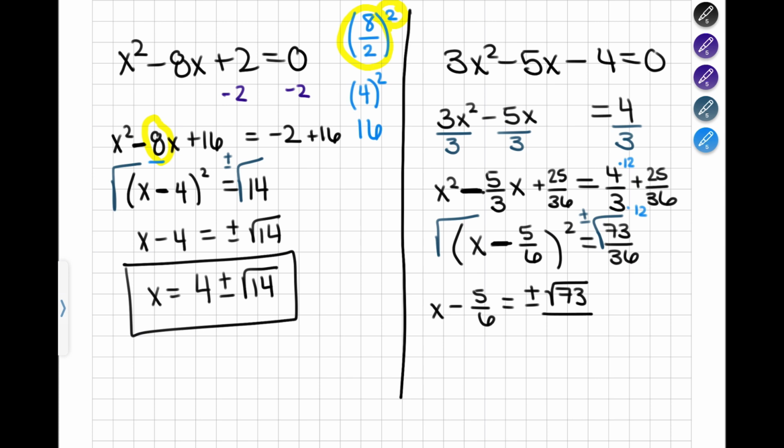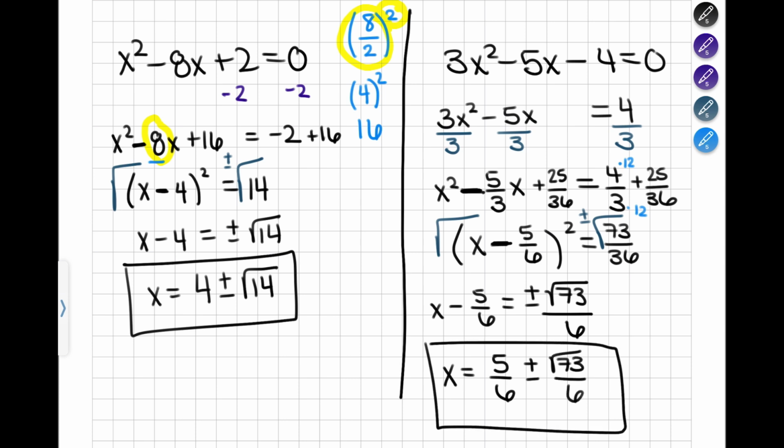But 36 is a perfect square, so we can simplify that. The square root of 36 is 6. And then finally, to finish, I'm going to add the 5/6 to the other side. So x equals 5 over 6 plus or minus root 73 over 6. And there's my solution.